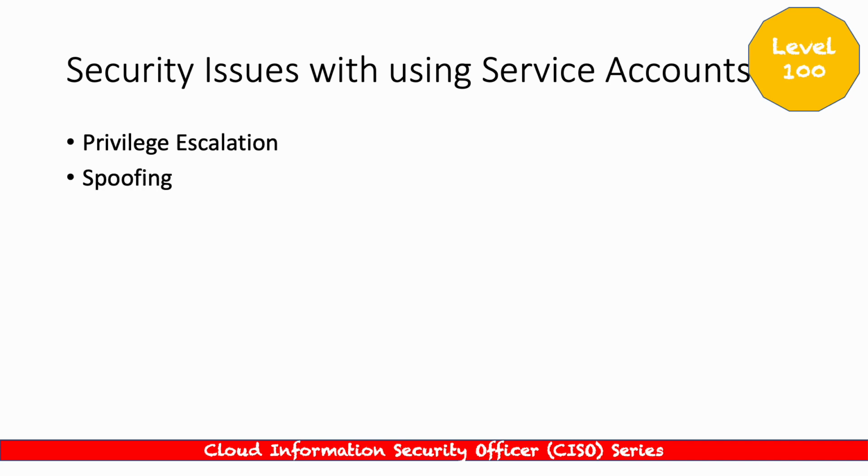Now, another security issue is spoofing. Service accounts could potentially be spoofed, right? So one could be masqueraded, or it could take on another genuine connection. And non-repudiation is a risk with service accounts. It does exist, right? What we mean by this is, how do you validate that the actual service account that was intended to make the connection did actually make the connection, and it wasn't another service account?